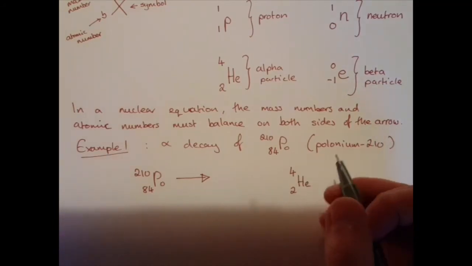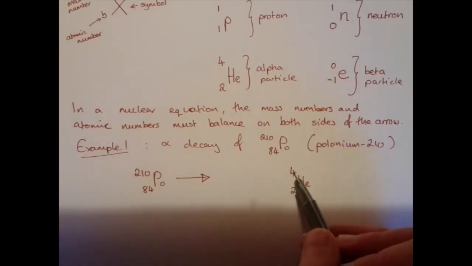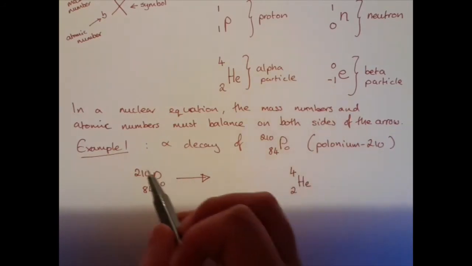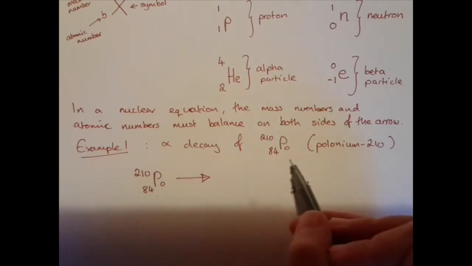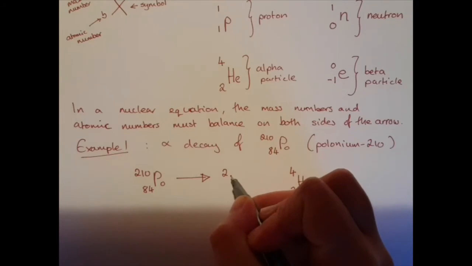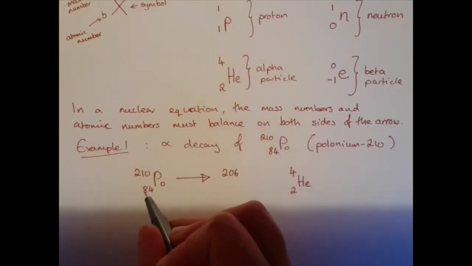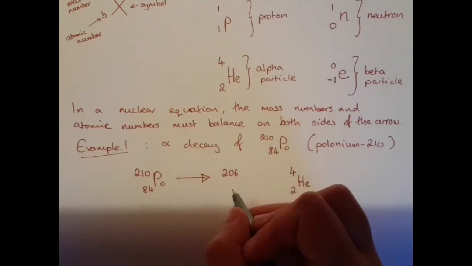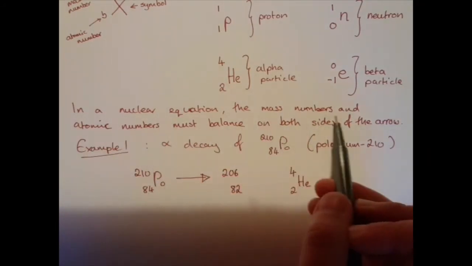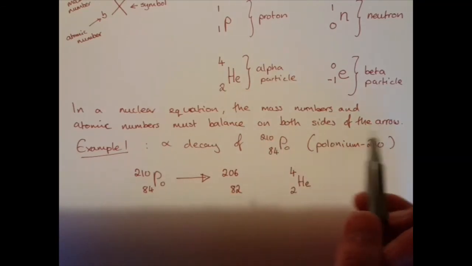Remember, if the nucleus is losing an alpha particle, the mass number of the nucleus is going to decrease by 4. So 210 take away 4 gives us 206, and the atomic number is going to decrease by 2 because there are 2 protons being lost from the nucleus. That's what I mean by, in a nuclear equation, the mass numbers and atomic numbers must balance on both sides of the arrow.